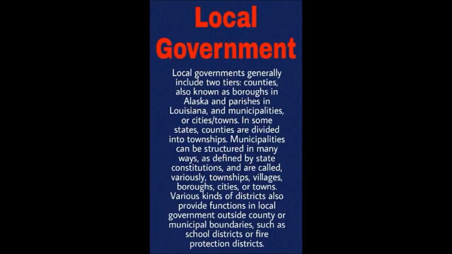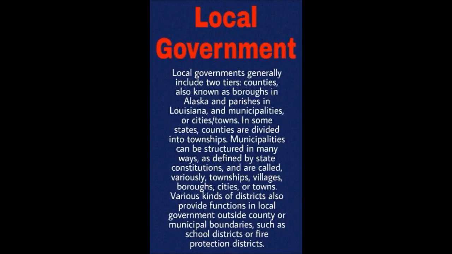Local government. Local governments generally include 2 tiers: counties, also known as boroughs in Alaska, and parishes in Louisiana, and municipalities or cities-towns. In some states, counties are divided into townships.